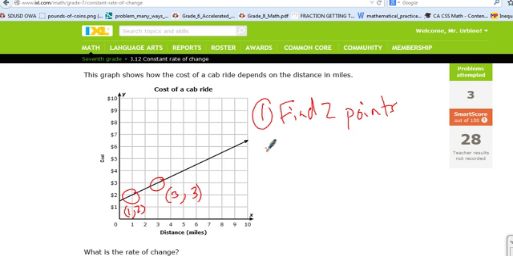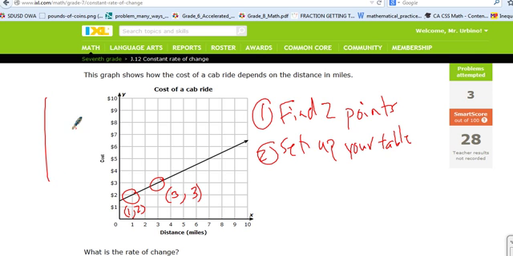Number 2, set up a table: x, y, 1, 2, 3, 3.